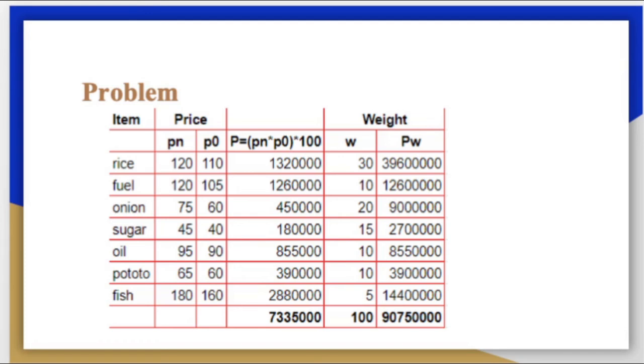So we give less weightage to fish and high weightage to rice. Calculating P and weight values, we obtain these results. Totally we obtain 9075 and 7335.